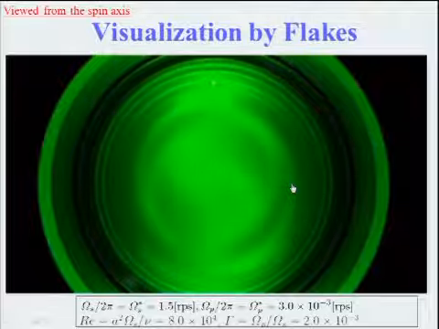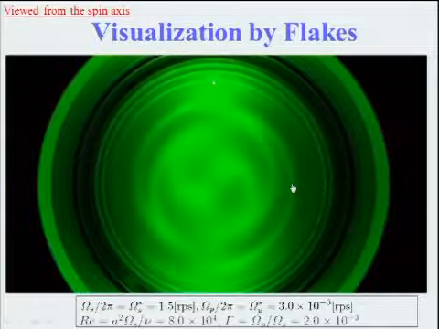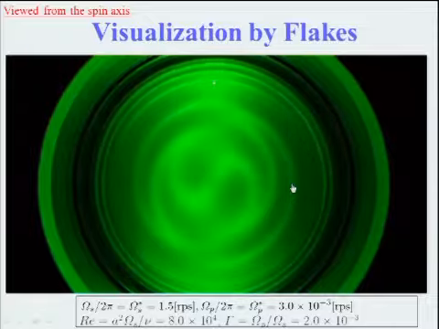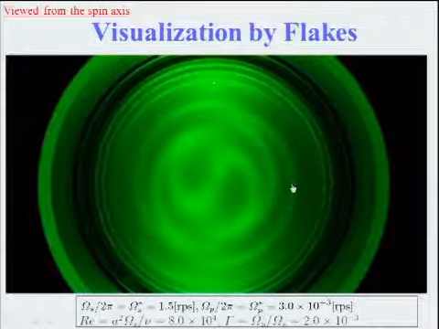The spin rotation angular velocity is 1.5 rps. So this is real time. After, I think, 1 minute or so, we see some strange bright pattern like this. The black part is the boundary of the sphere.